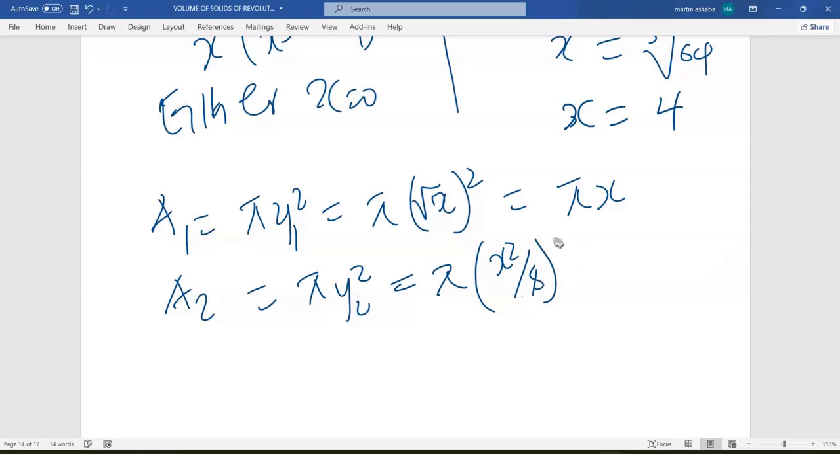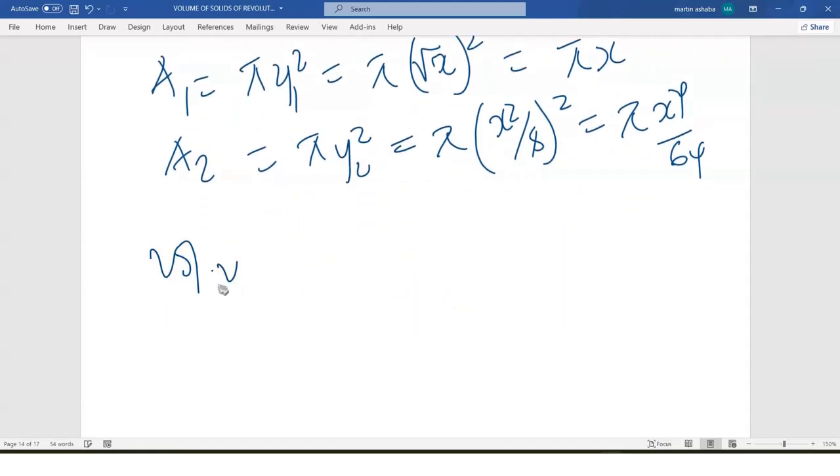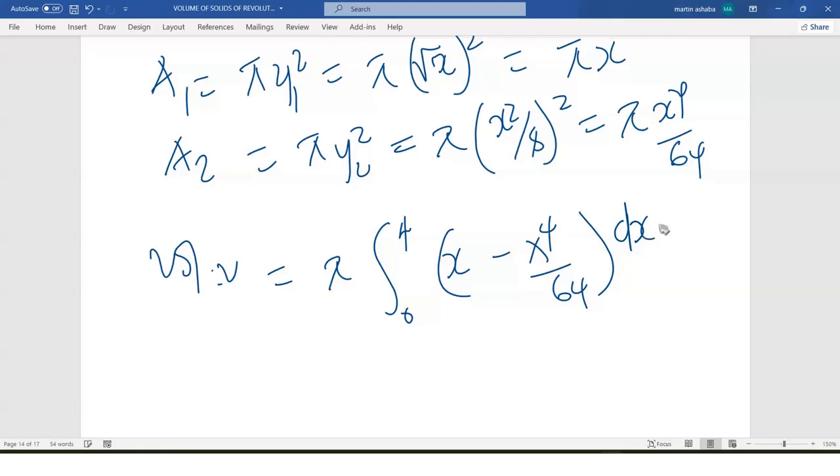So I square this, and this becomes pi x to the power 4 out of 64. So that means the volume V will be pi integrating from 0 to 4 of x minus x to the power 4 out of 64, with respect to x.